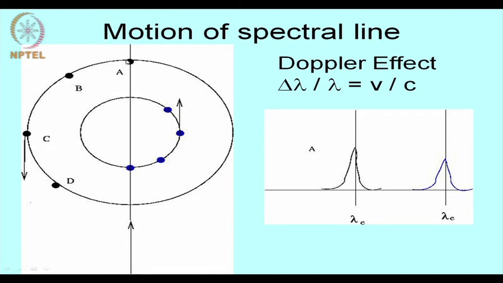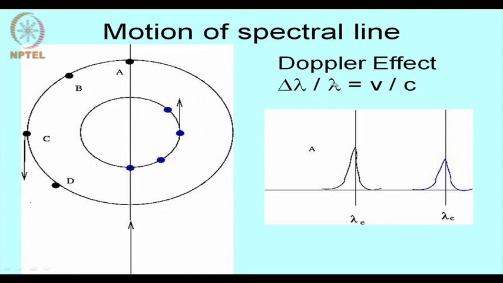So, in the position A, there is no velocity component of the motion along the line of sight, and it is the line of sight component of the velocity that causes the Doppler effect. What is the Doppler effect? Let me remind you, the Doppler effect is a shift in the wavelength of a spectral line.